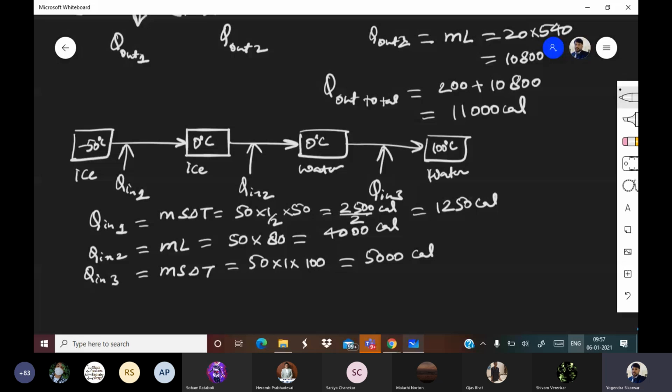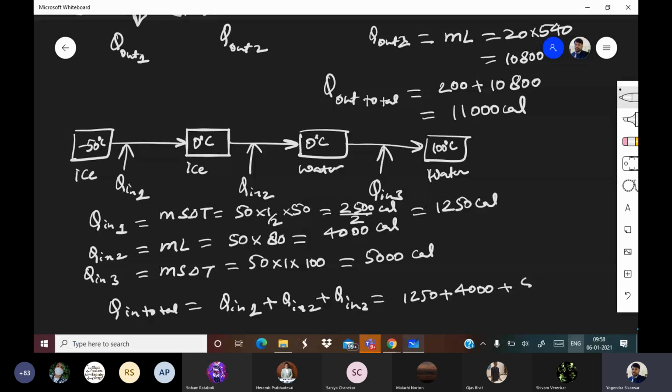So how much is Q in total? Q in total will be Q in 1 plus Q in 2 plus Q in 3, that is 1250 plus 4000 plus 5000, which is 10250 calories. Okay.